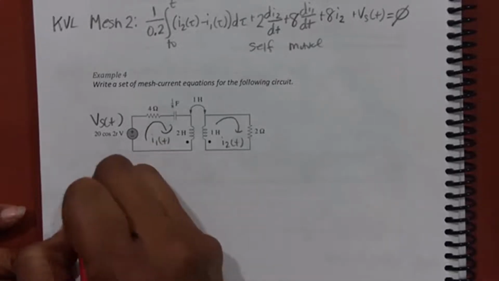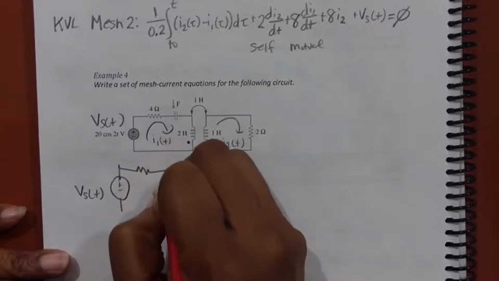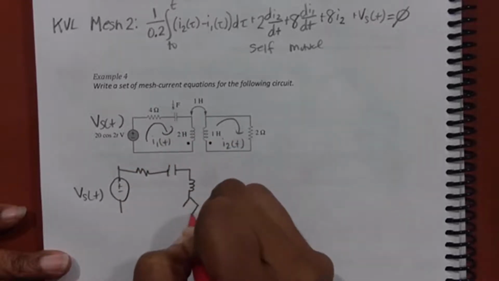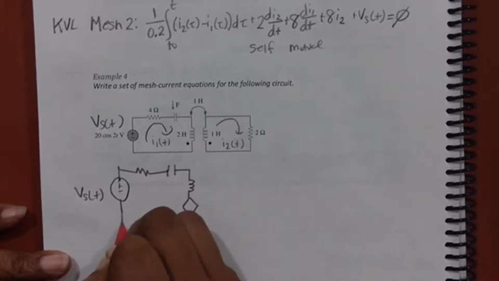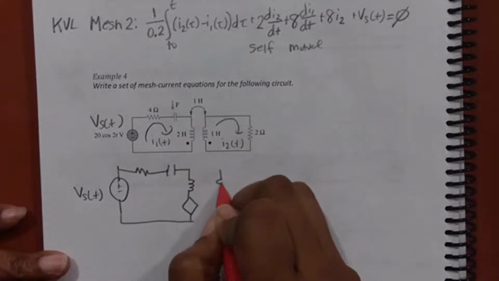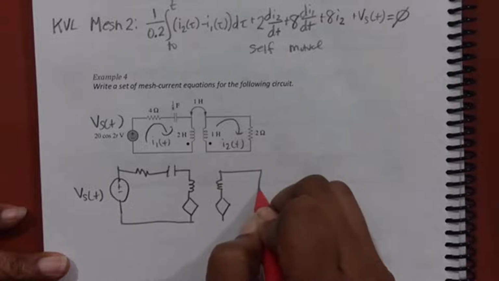Let me do one with dependent sources so I can show you what I mean. So here's Vs of t. And I just put a dependent source in series with my inductor that's going to represent the induced voltage like that. And then same over here, where I put a dependent source to represent the induced voltage.